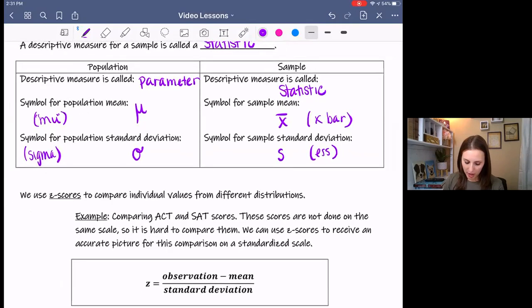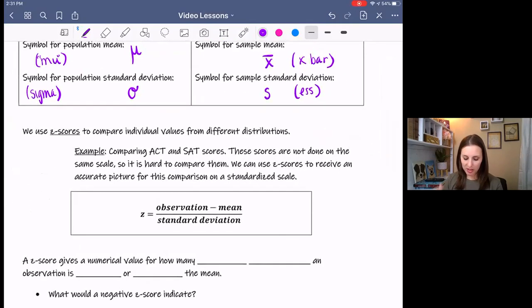And we use z-scores to compare individual values from different distributions. So I had mentioned earlier it's how we standardize variables. So let's say a college is looking at two students and they really like both the students, but one student took the ACT and one student took the SAT.